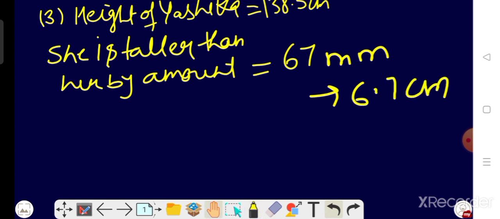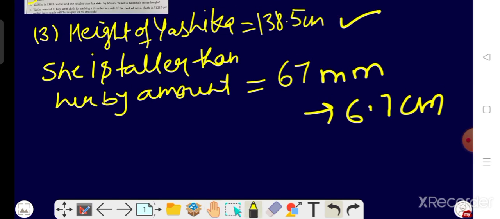Okay, now look at this. Here is also centimeter, here is also centimeter. So here we can apply any operation, that is addition, subtraction, multiplication and division as per the requirement of the question.